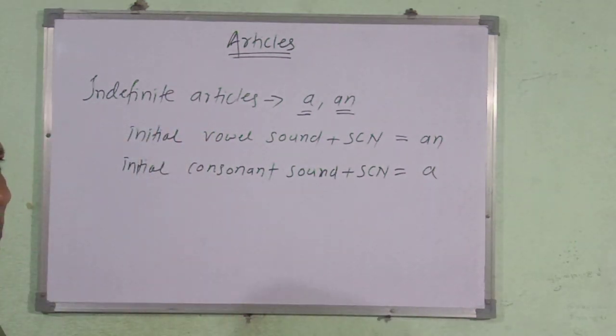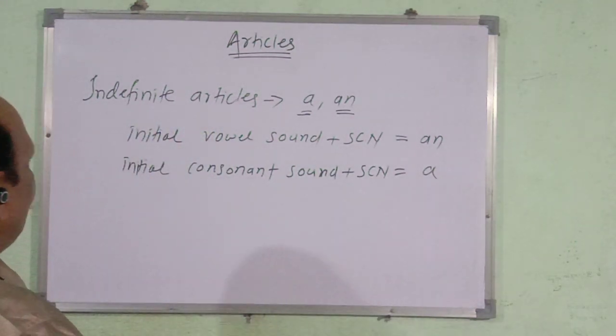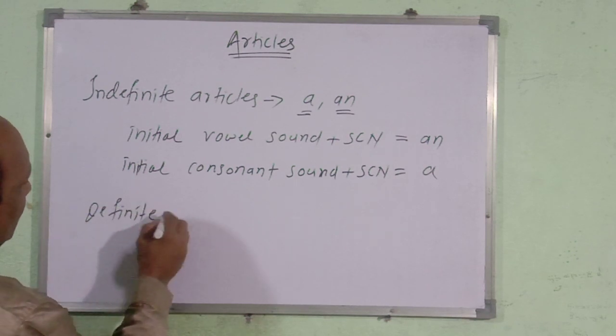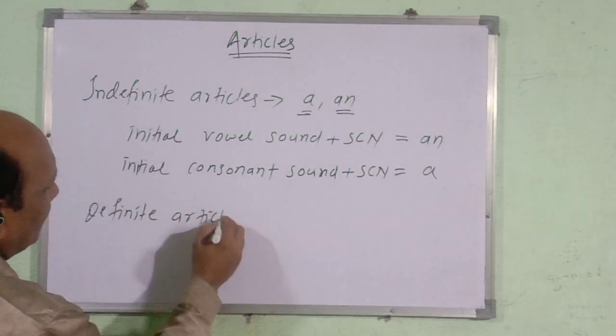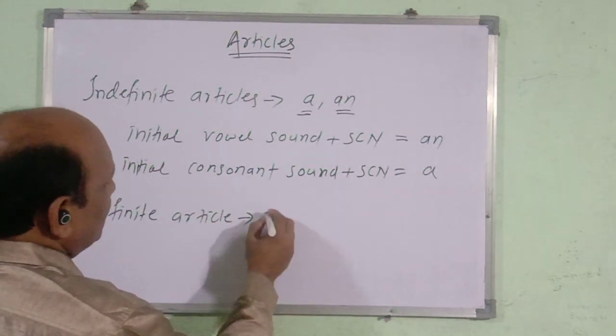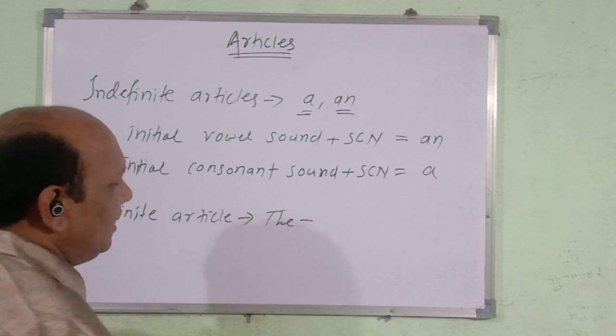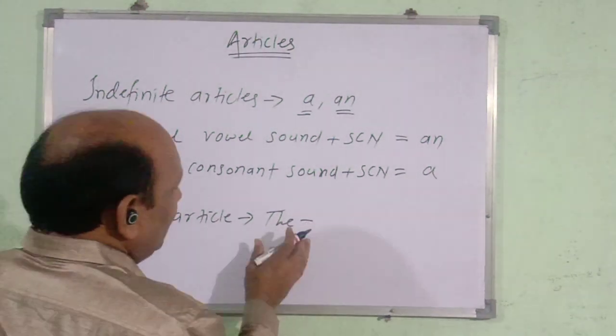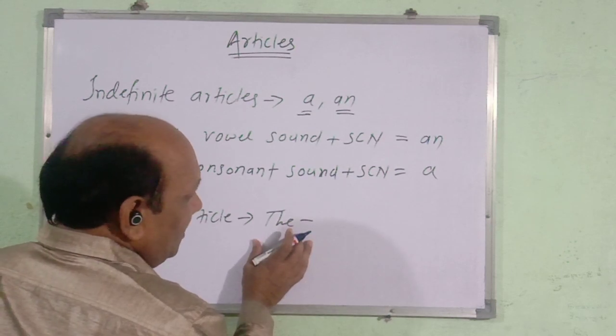When you are talking about the particular sense, the definite article, how many types of the definite article? That one is the only one. That is the. When you are talking about particular things, that is the use of the article.